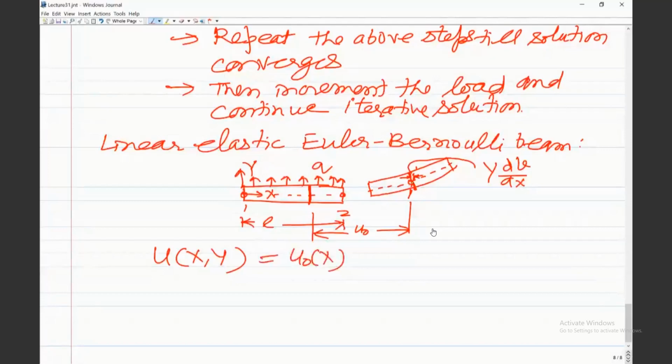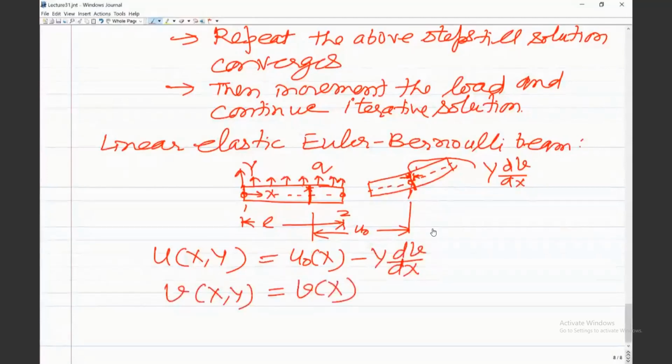So u naught of x is the displacement of the center point, and then the point at a distance y, say somewhere here, goes to here, so that moves by a distance of minus y times dv by dx along the x direction. So the total displacement is this, and v of course is taken as a function of only x. So this is the displacement field.